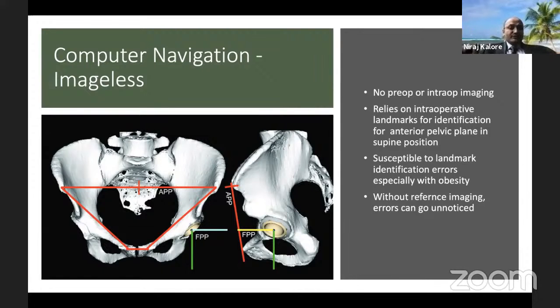And this is where we are manually identifying these landmarks where there can be errors. And because there is no preoperative map, of course it eliminates the cost of a preoperative CT, eliminates the radiation. So it is still in favor.